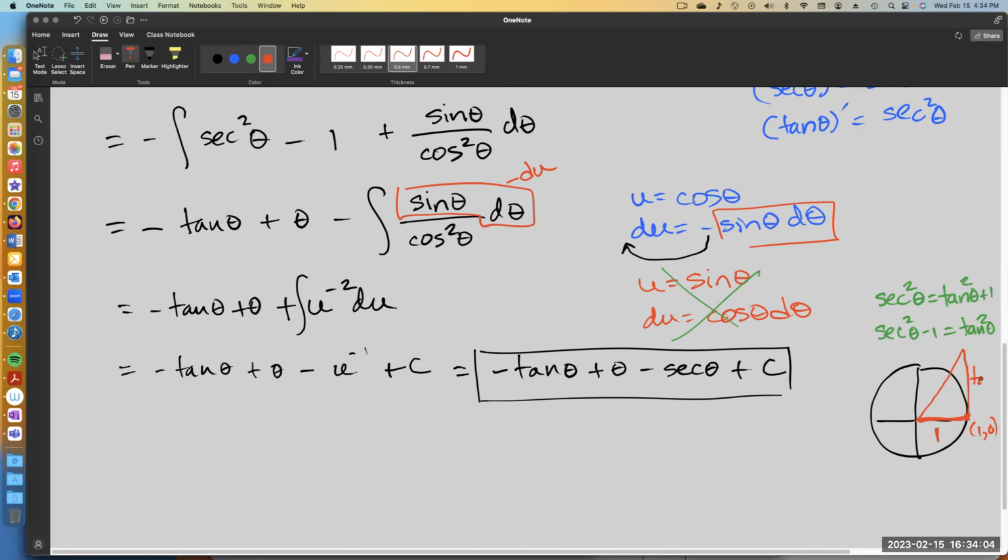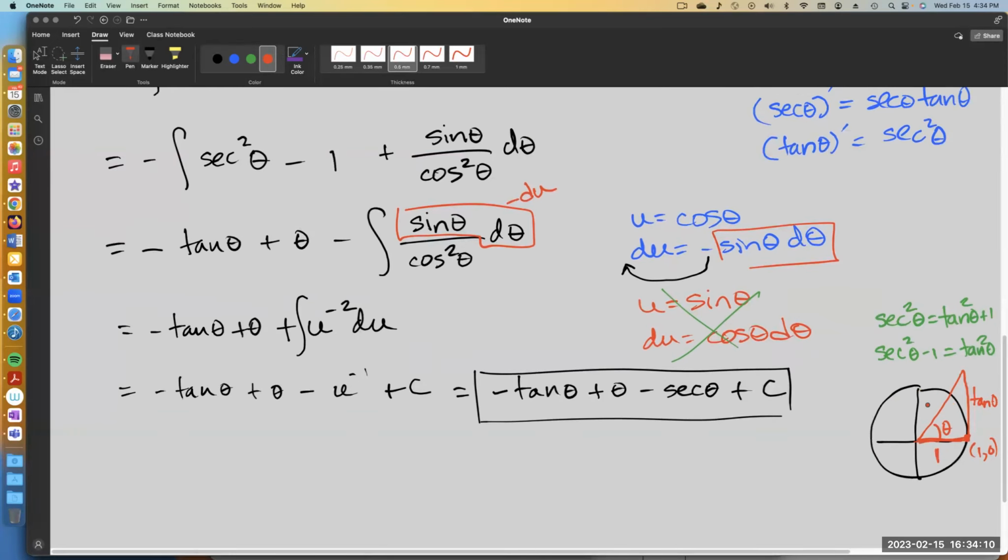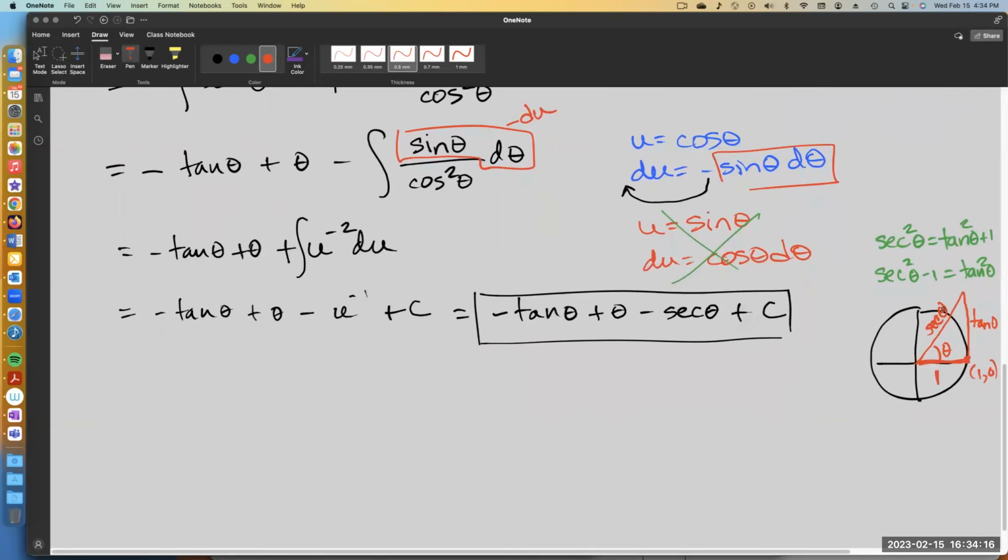It will turn out that this vertical side there is going to be tangent and this hypotenuse is secant. We'll talk about this triangle later, but it gives you a really nice way to visualize this Pythagorean identity. Tan squared plus 1 is secant squared.